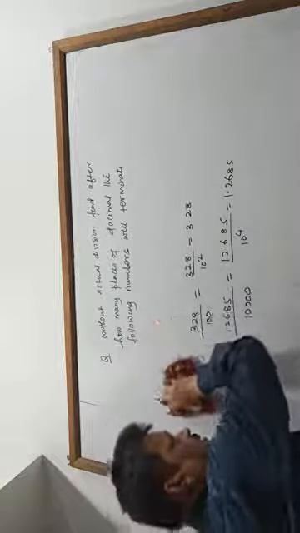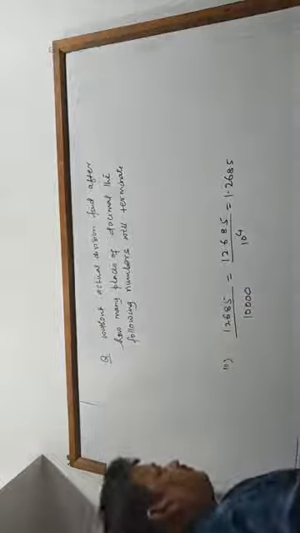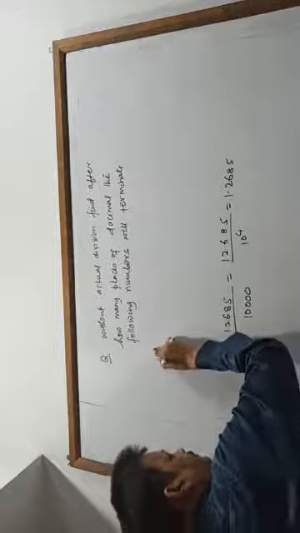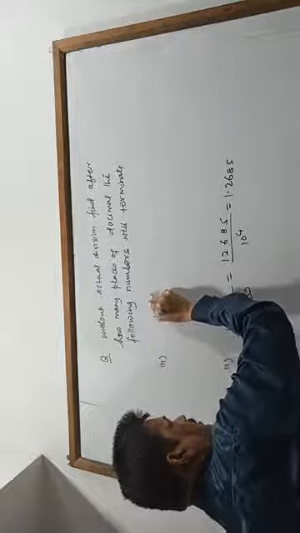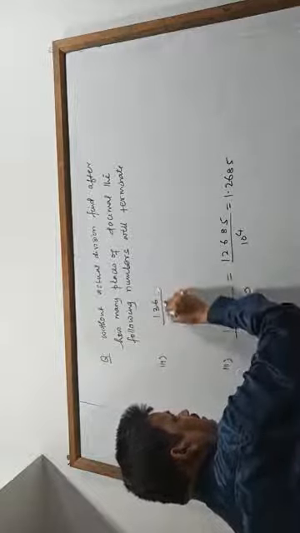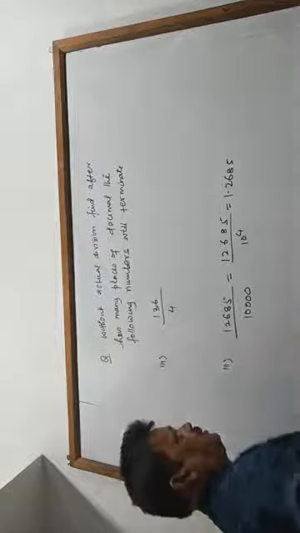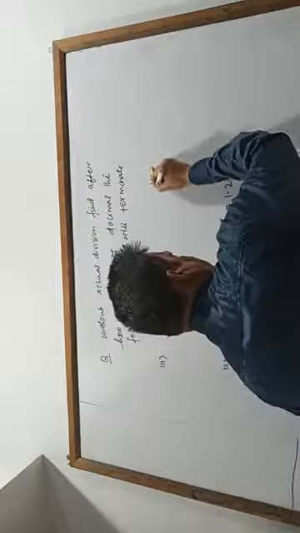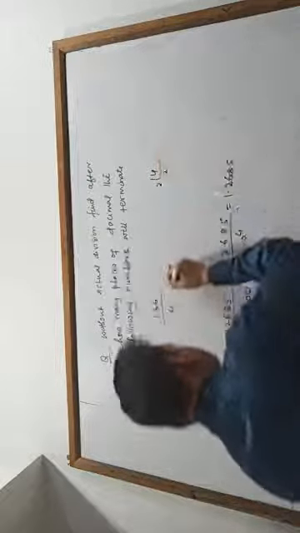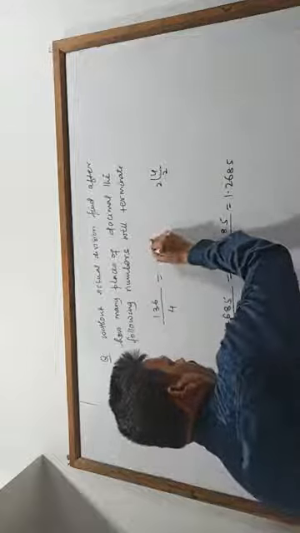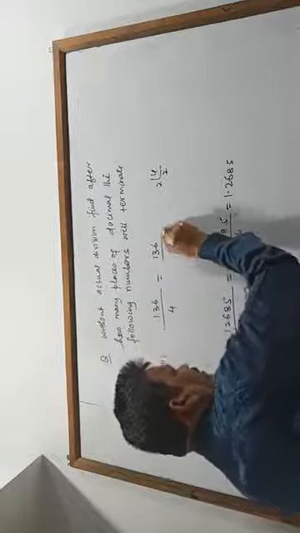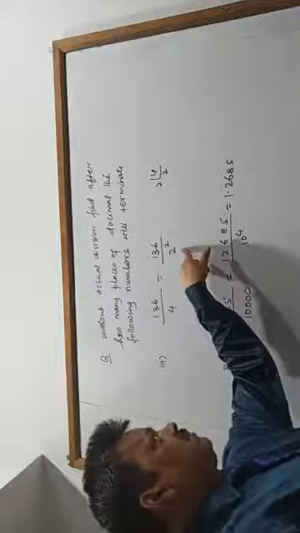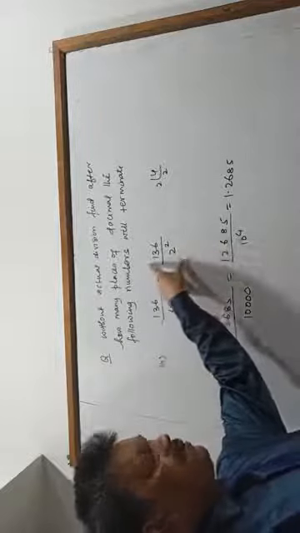So let me take different type example. 136 divided by suppose 4. 4 means 2 square. Once it is 2 square, we are sure this will terminate.